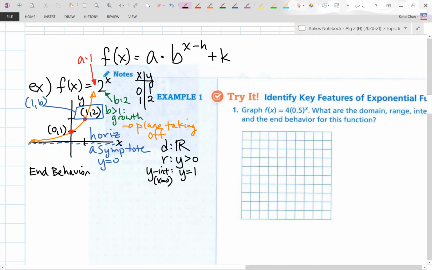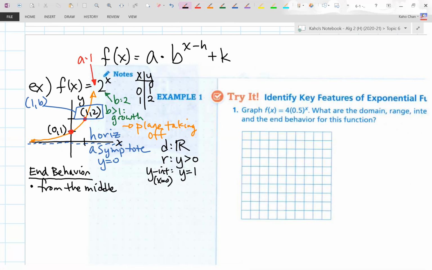Now, obviously, if they ask whether this function is increasing or decreasing, a plane taking off is definitely increasing from left to right. But end behavior is from the middle of the graph. End means the left end and the right end. So this is definitely different from increasing or decreasing.